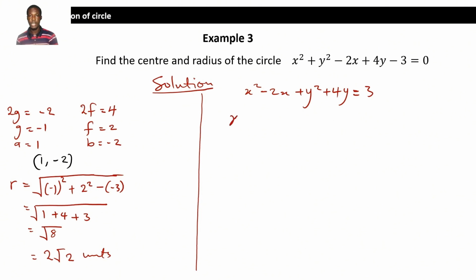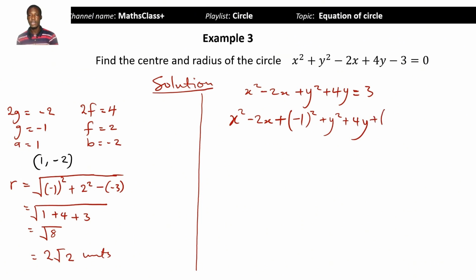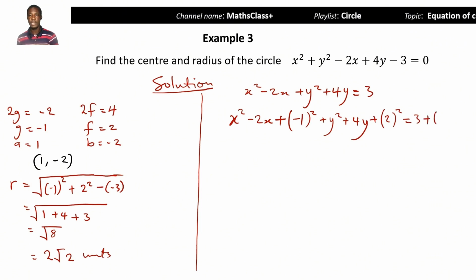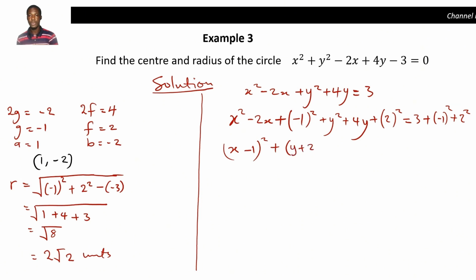So that will be x squared minus 2x plus minus 1 squared plus y squared plus 4y plus 2 squared, and that is equal to 3 plus minus 1 squared plus 2 squared. So we have x minus 1 all squared plus y plus 2 all squared is equal to 3 plus 1 plus 4.